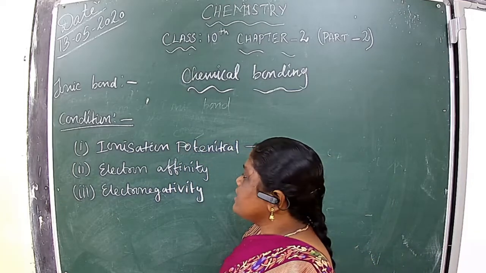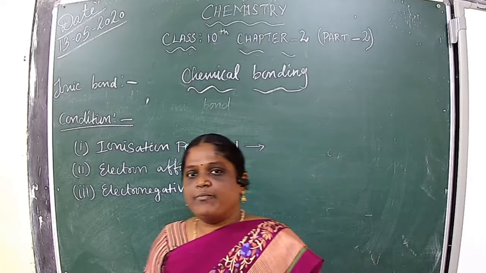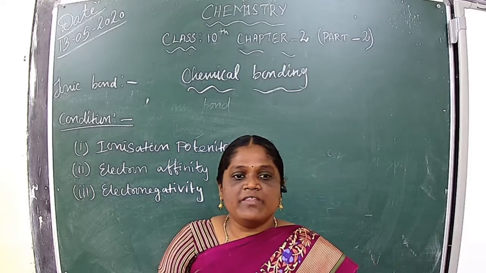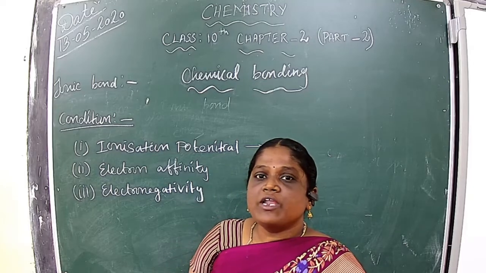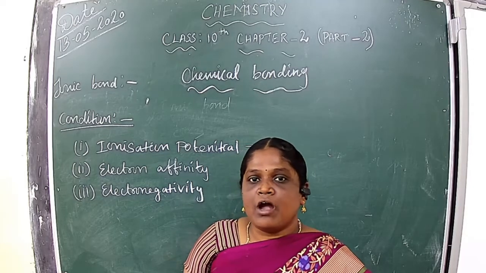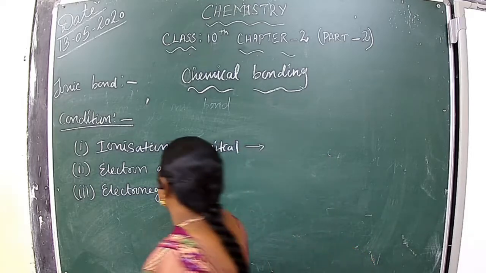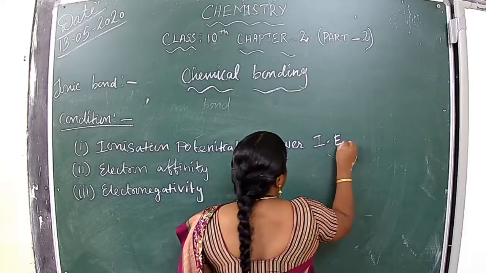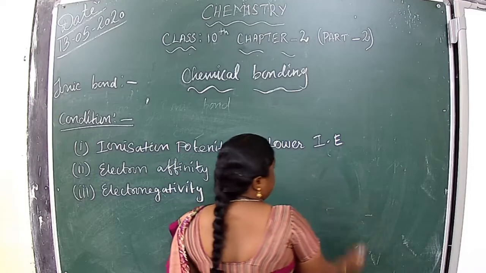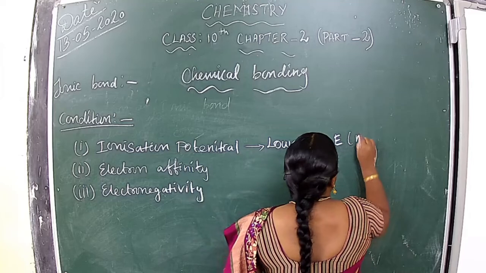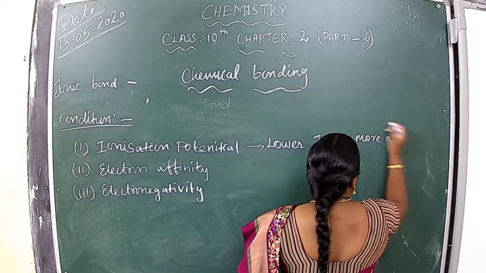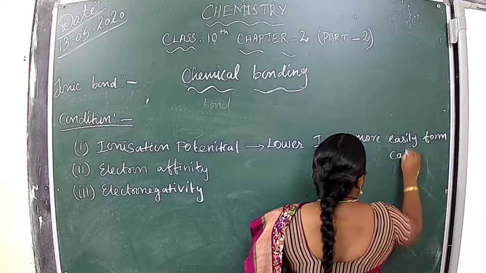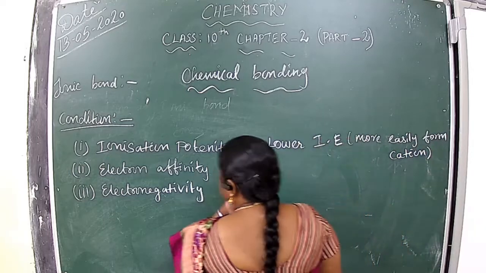So the condition here for formation of ionic bonds: the lower the ionization potential of a metallic element, the more easily it forms a cation.